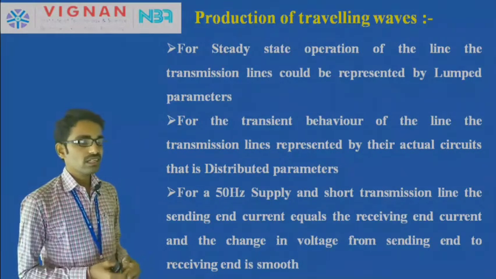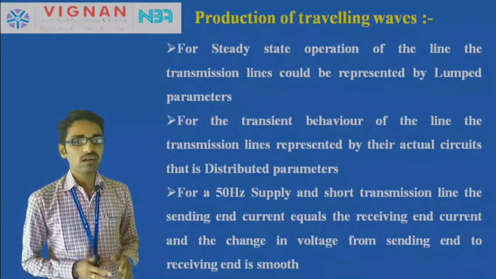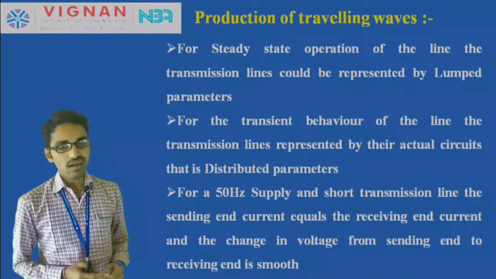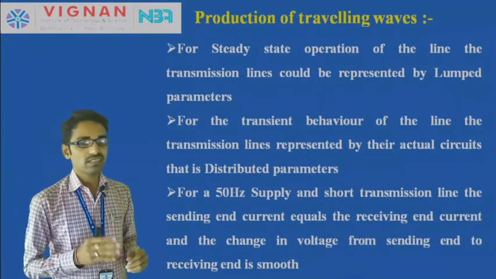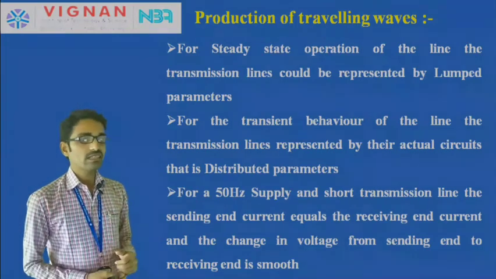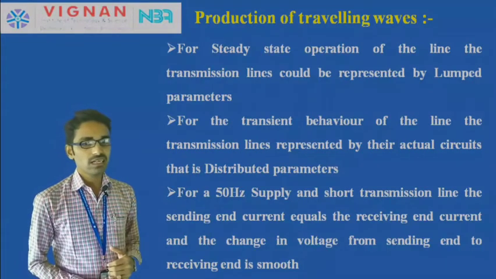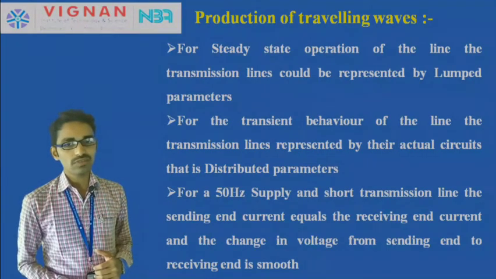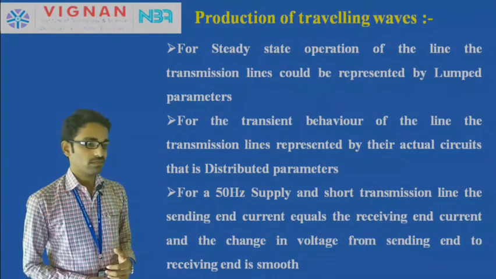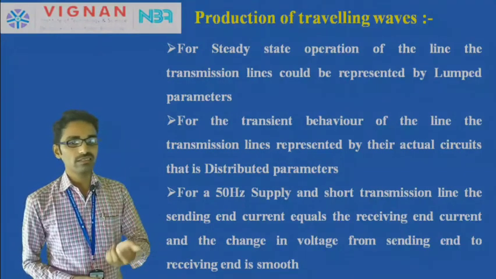That is what steady state operation is. For steady state operation of the transmission lines, we represent that line with lumped parameters. All the parameters are connected at a single location, that is nothing but lumped parameters. And for transient analysis, the transient behavior of the line, we represent that transmission line circuit with actual circuits, that is known as distributed parameters. The L and C parameters are distributed along the line length.